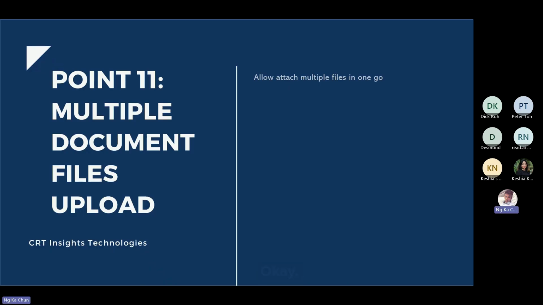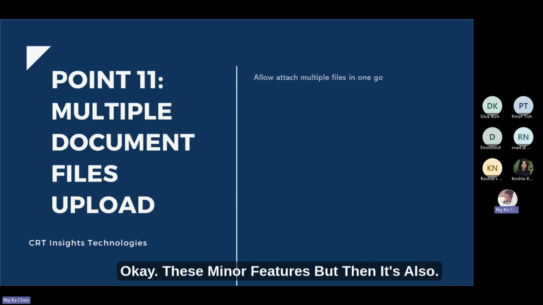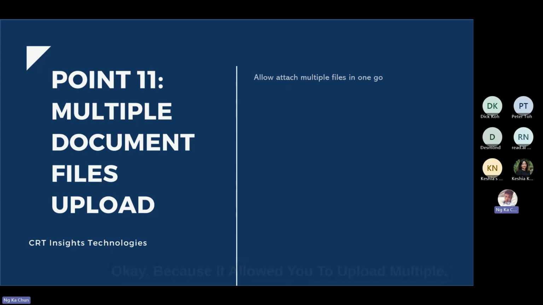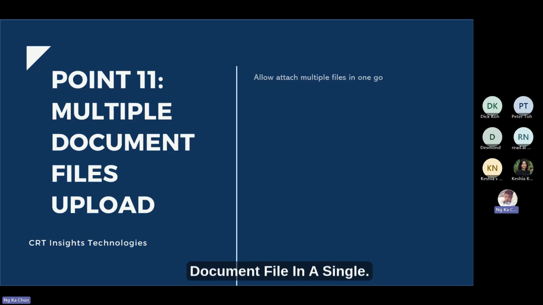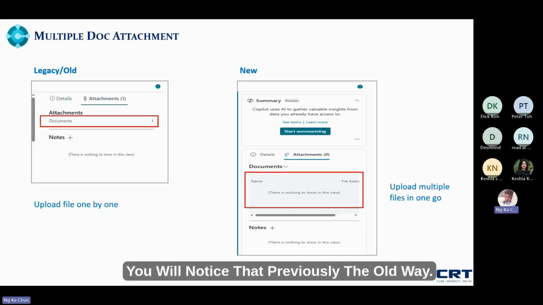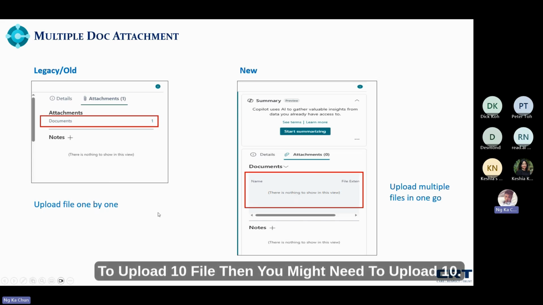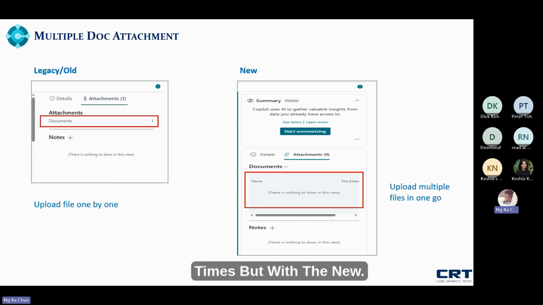Next, these are minor features, but they are also useful, because they allow you to upload multiple document files in a single upload. You will notice that previously, in the old way, we needed to click into the attachment document link and upload the file one by one. So if you wanted to upload 10 files, you might need to upload 10 times.